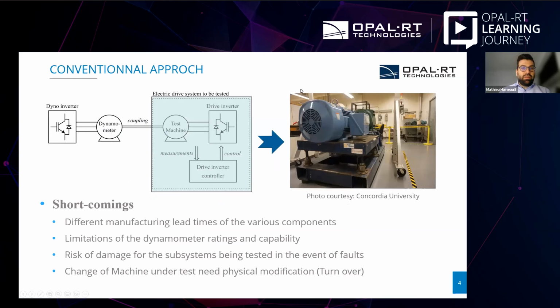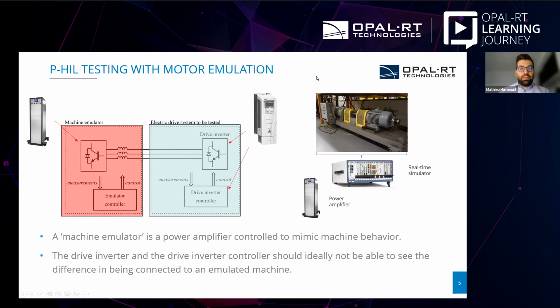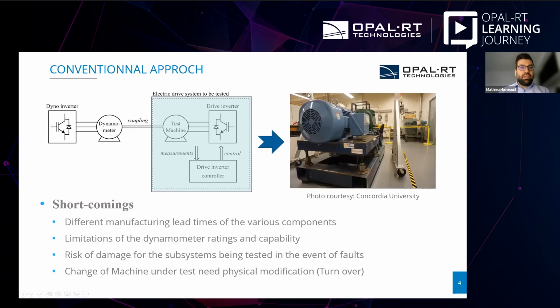So first of all, the conventional approach to test an inverter is to have a real dyno. In this concept, we had the dyno setup with dynamometers as a load, and the real test machine, in your case probably a PMSM or induction machine, with the right drive system and controllers.